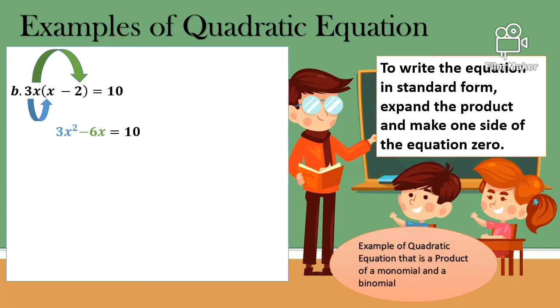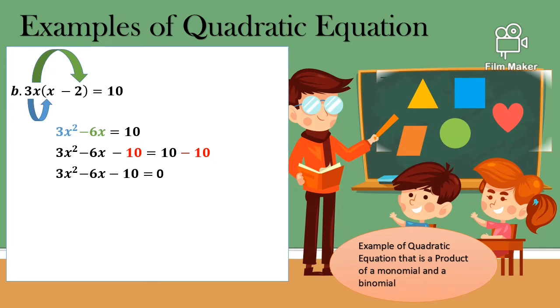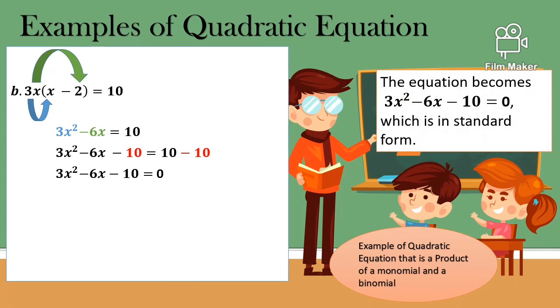To make the other side of the equation 0, we're going to apply the subtraction property of equality. So we subtracted 10 on both sides of the equation. The equation becomes 3x squared minus 6x minus 10 equals 0, which is already written in standard form.